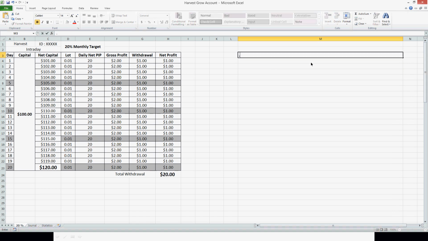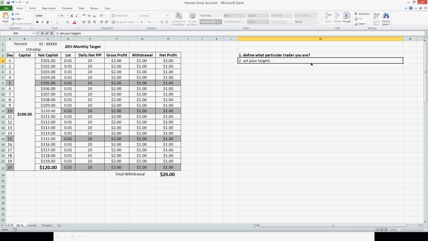Okay, so first you have to define what particular trader you are. Okay, so when you know what particular trader you are, then you can set your targets after that.